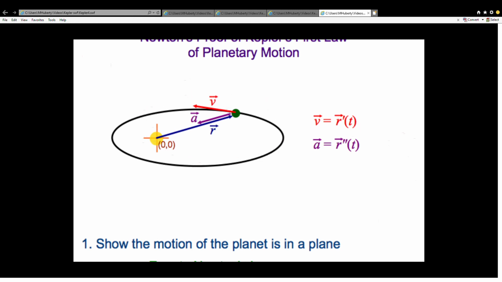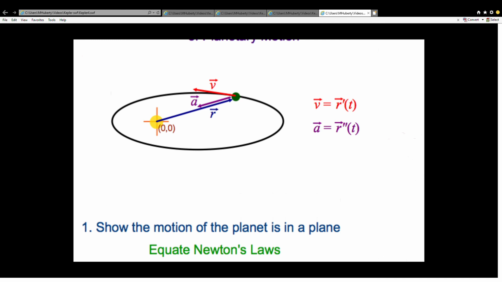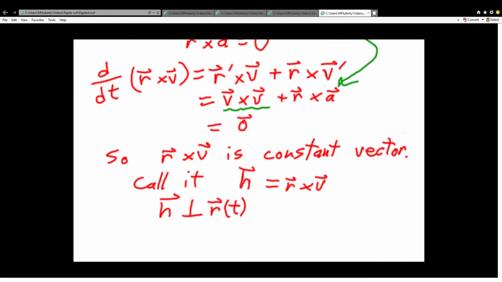So not only is it perpendicular to r, it's always perpendicular to r. So you want to think of that as that vector function. It's always perpendicular. Okay. So, going back to thinking about cross product and the right-hand rule, r cross v with the right-hand rule means that this constant vector h is coming out of the screen towards us. Okay, so that's something to keep in mind, that it's actually out of the plane of the screen.